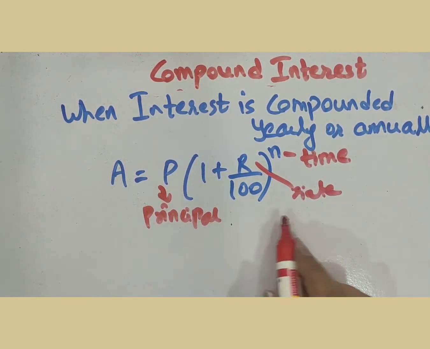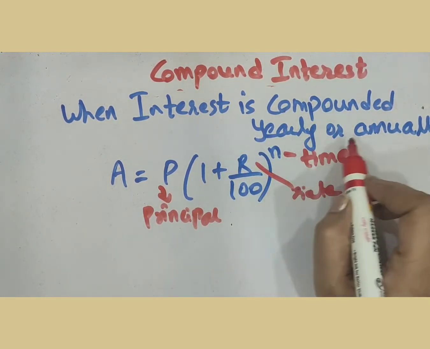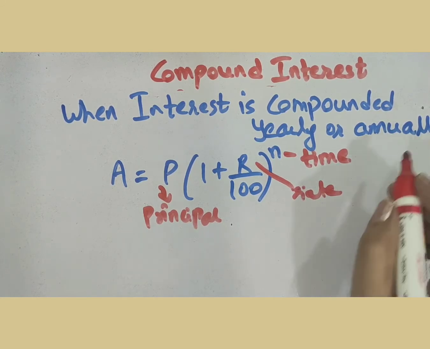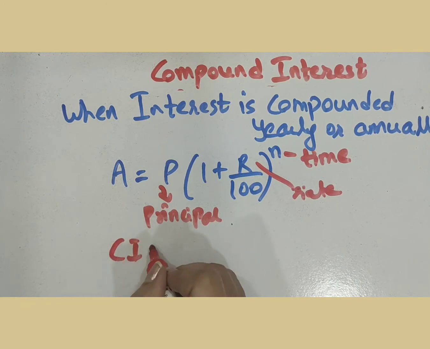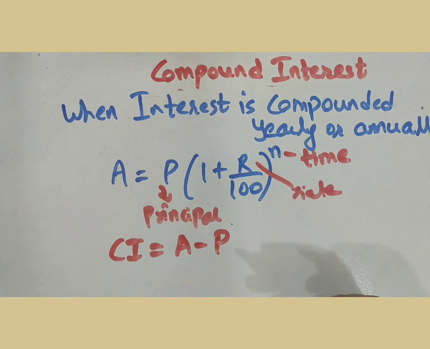This is the generalized formula you can use when the interest is compounded yearly, or annually, when it is annually added. After that, if you want to find compound interest, then compound interest will be equal to amount minus principal. So the amount calculated minus principal will give you compound interest.